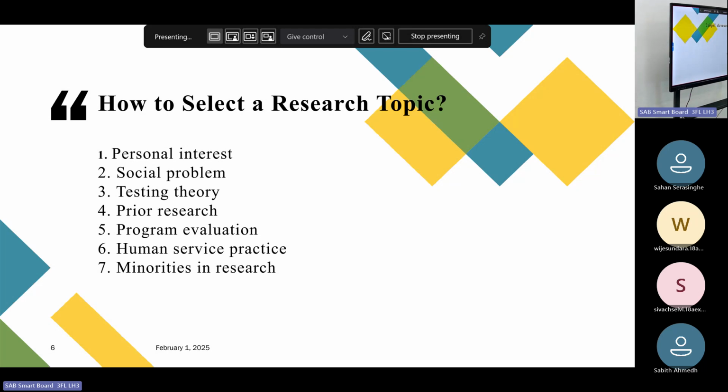So then in higher research, you have the chance to identify the prior research. Then you investigate the prior research and you can do the same research in the Sri Lankan context also. No issues. Even if the prior study has been done, you can't do exactly the same one. You have to do something new, and you can redo it. That is also okay. Otherwise, we can't do the research.